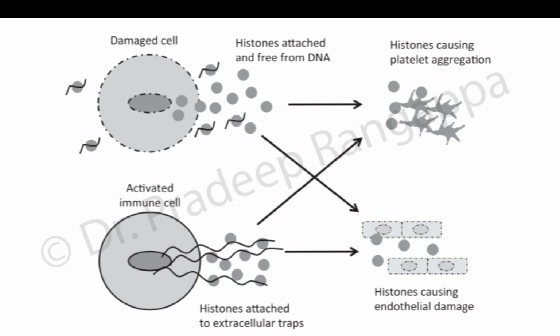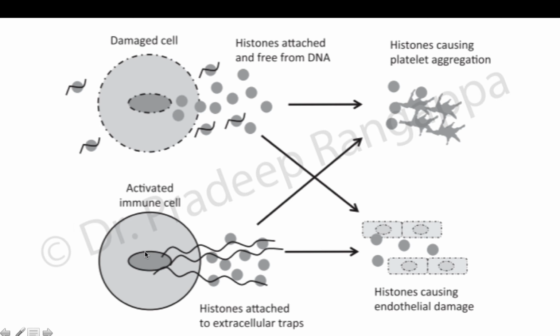When you look at the other pathophysiological mechanisms of why thrombocytopenia occurs, this is a recent update where they have shown that when there is damage to the cell, histones are produced from the cell. These histones either appear in a free form or can be attached to DNA, and they lead to clumping and platelet aggregation.